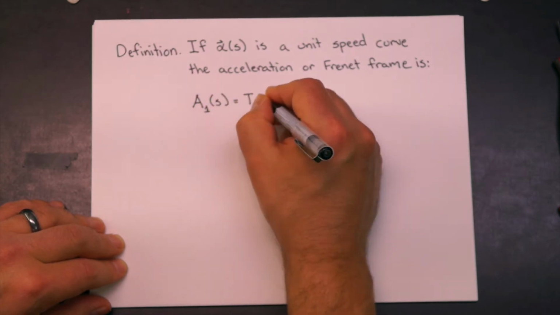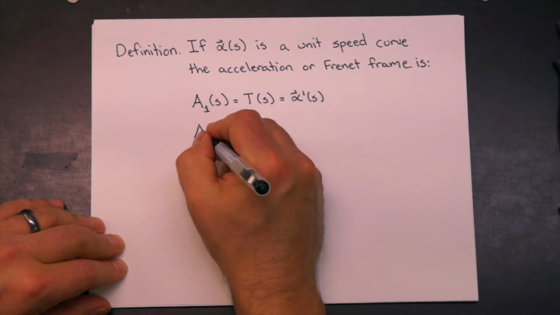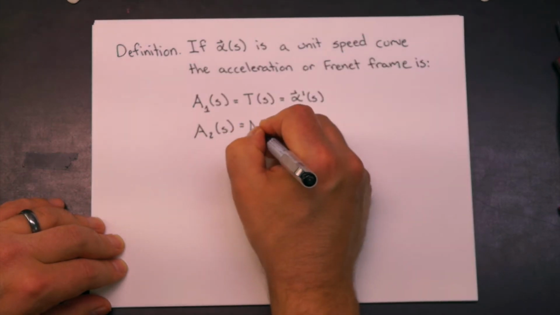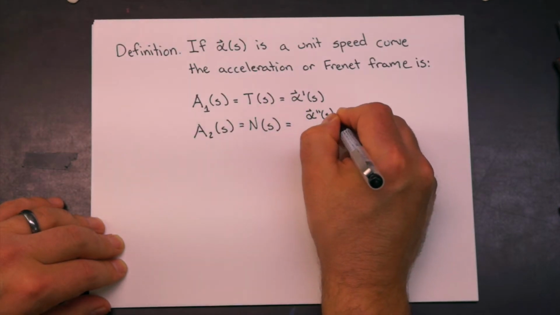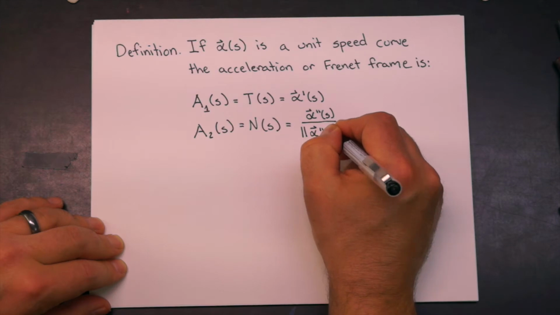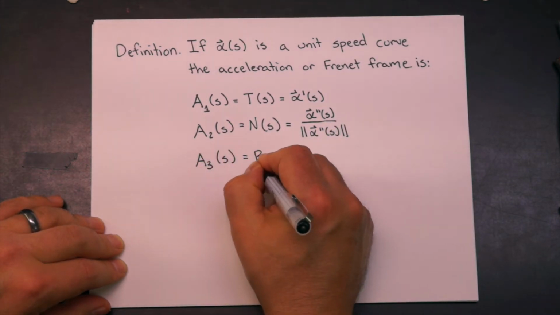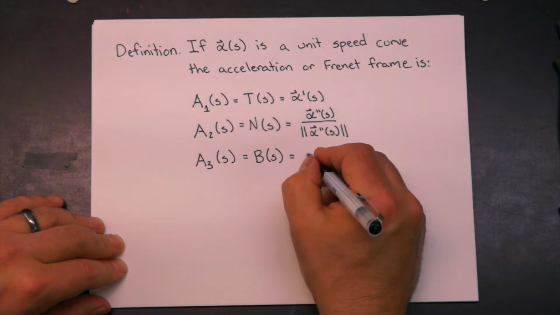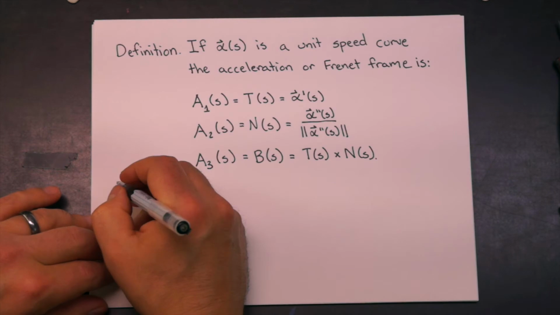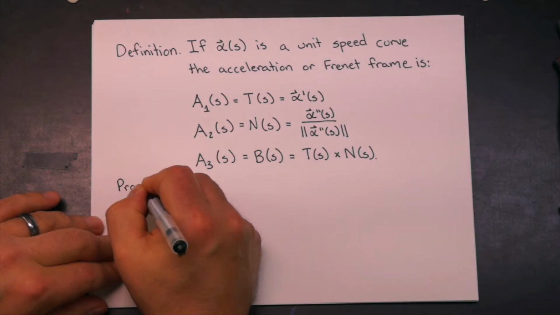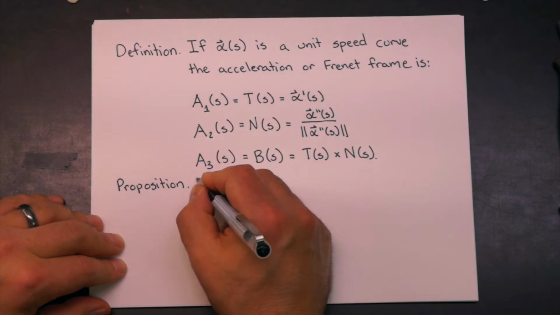The first vector, a1 of s, also called the tangent vector at s, is simply the derivative, alpha prime of s. It's a unit vector because alpha is a unit speed curve. The second vector is given by the second derivative, divided by its norm to make it a unit vector. That's called the normal. And the third vector, called the binormal, is simply the cross product of the first two.